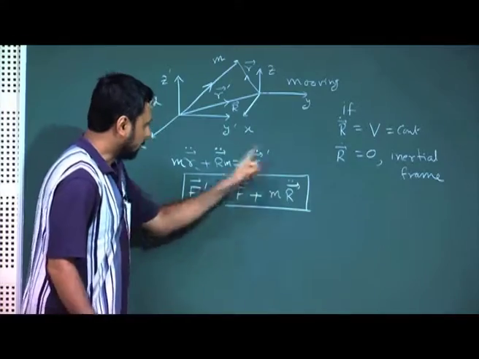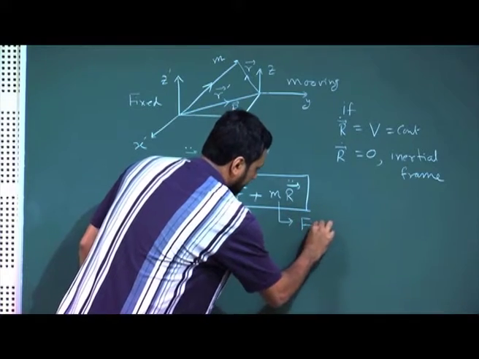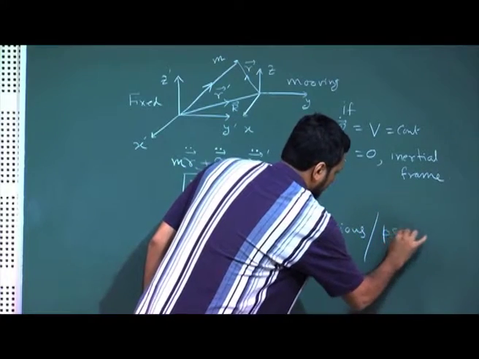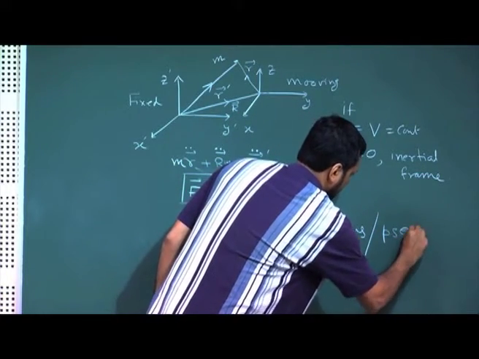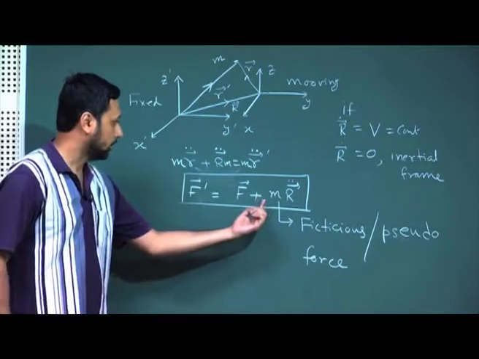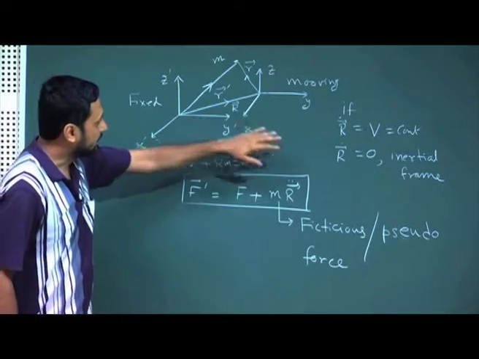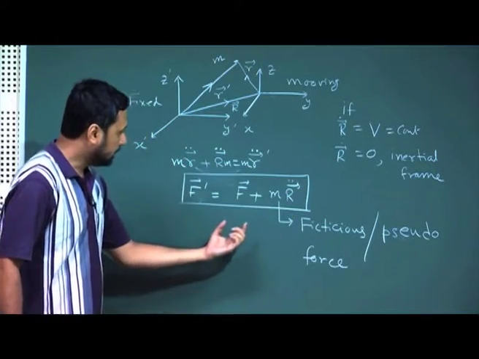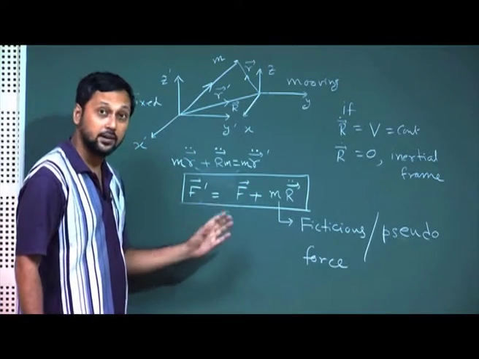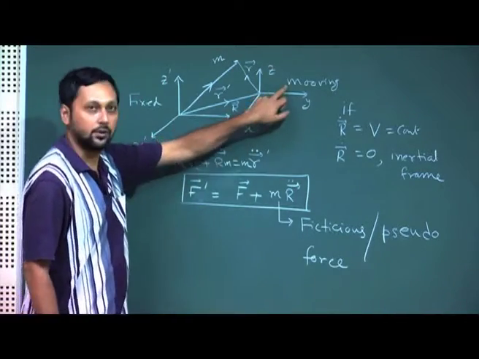The amount of force is changing, and this additional term is called a fictitious or pseudo force. It is not a real force, it is coming up only because this frame is moving with some non-uniform velocity. So, these fictitious or pseudo forces are what make life really difficult when we are trying to measure something with respect to a moving coordinate system.